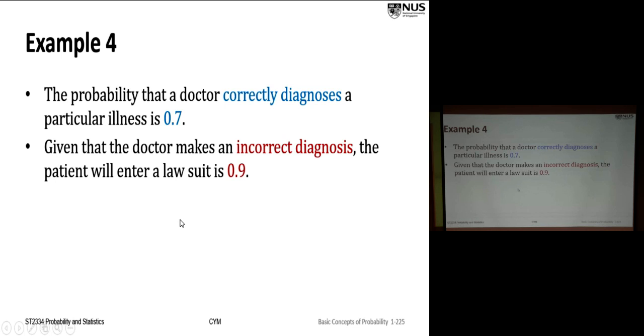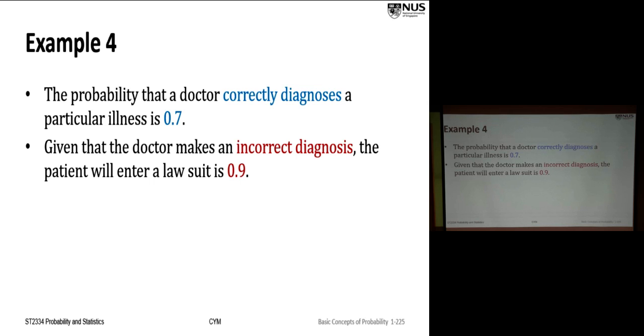Okay. Now, a deck of cards may be easy to look at. So now we look at this problem. We have a doctor who must correctly diagnose a particular illness, which must be very hard to identify. So there is only a 70% chance of diagnosing it correctly.